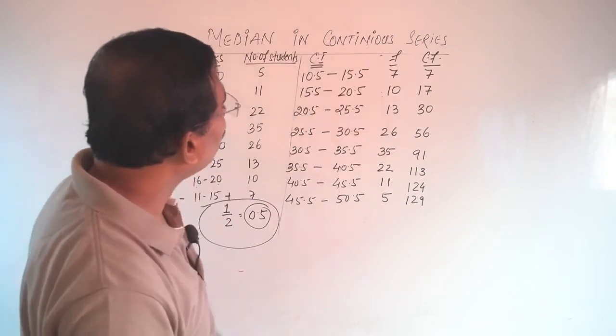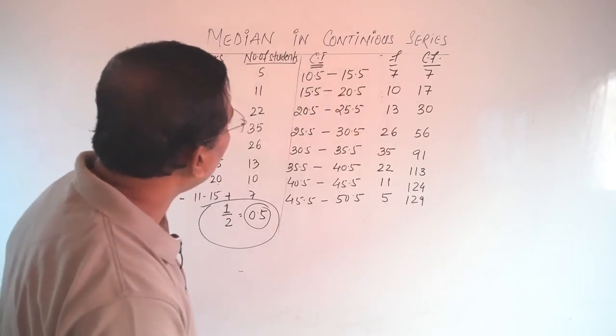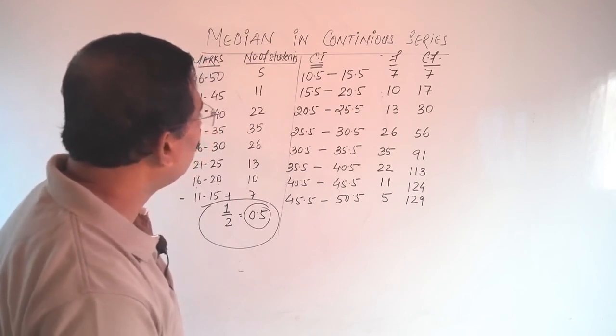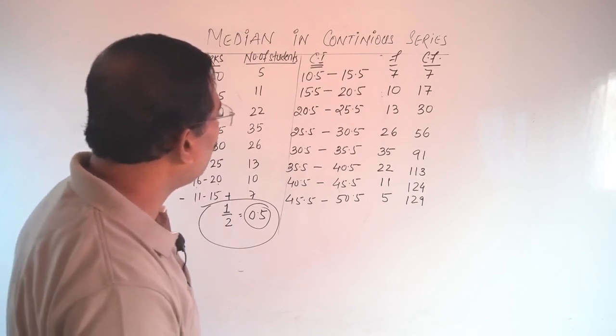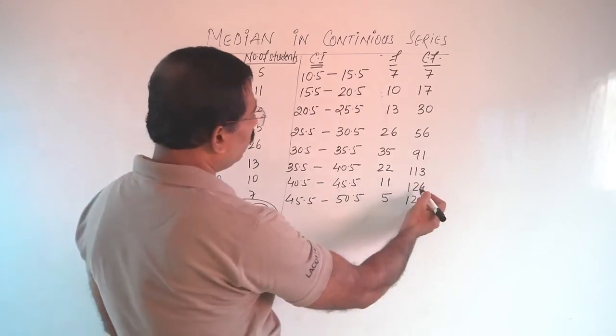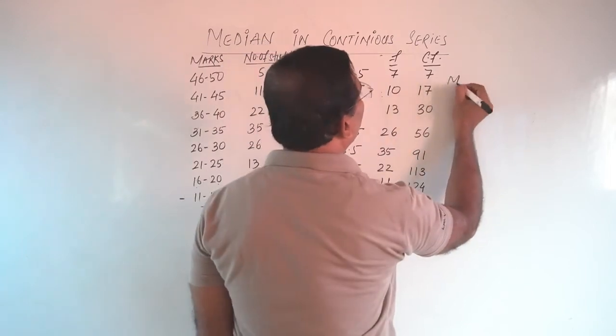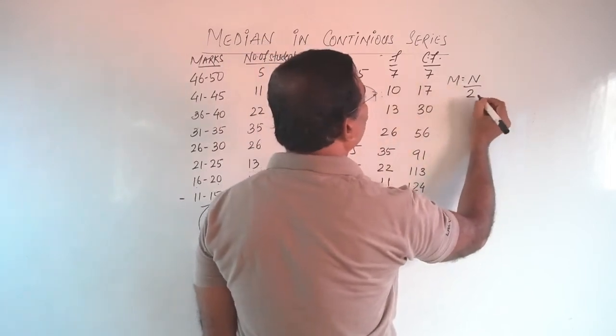Calculate the cumulative frequency again. 7, 17, 30, 56, 91, 113, 124, 129. Okay. Now M is equal to N upon 2.